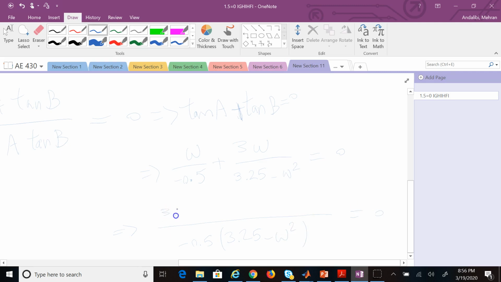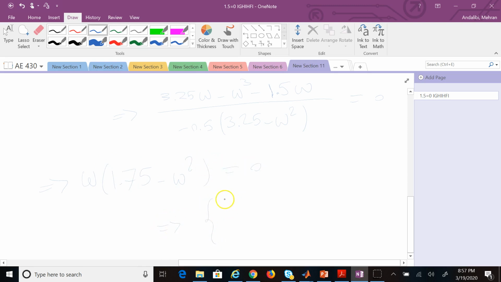And so it is going to be 3.25 omega minus omega cubed minus 1.5 omega. This whole thing is equal to 0. And again, the numerator should be 0. Therefore, if you factor out omega from there, you can simplify 1.5 and 3.25. So you're going to get omega times 1.75 minus omega squared is equal to 0.